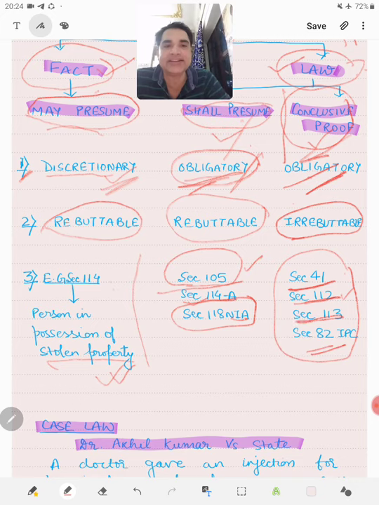Section 113, cession of territory, is also conclusive proof of valid cession of territory. And another is Section 82 of the Indian Penal Code, where it is conclusive proof that a child below the age of 7 will not have the mens rea to commit a crime.